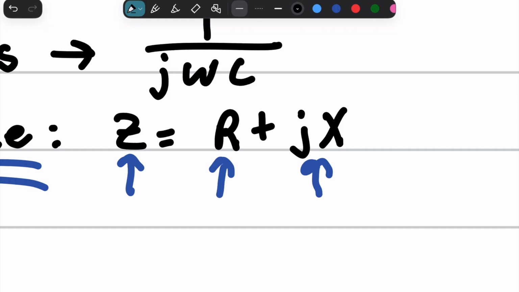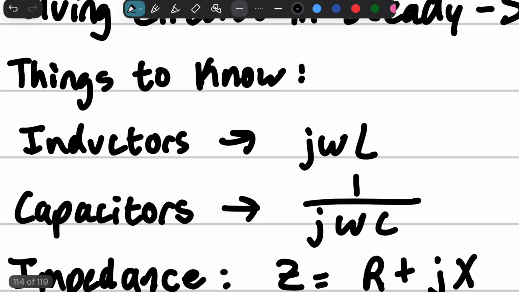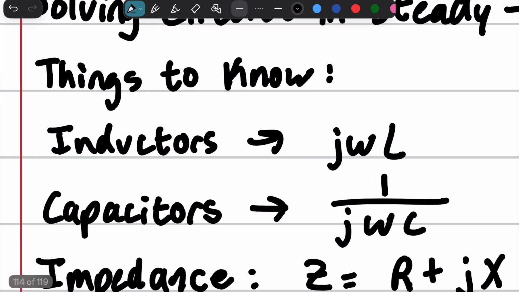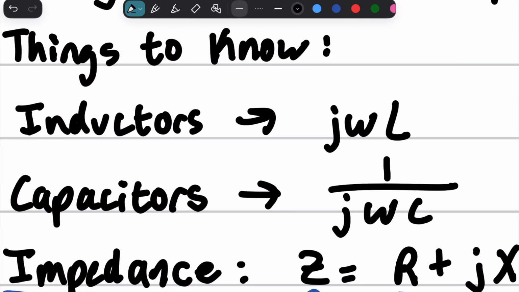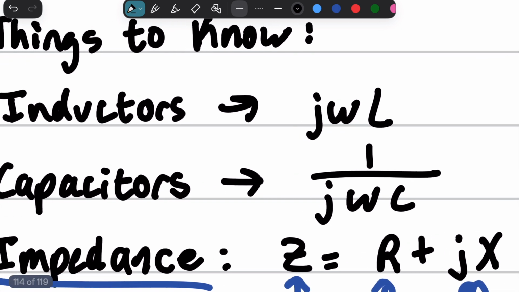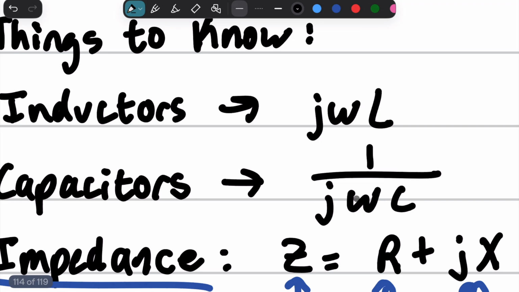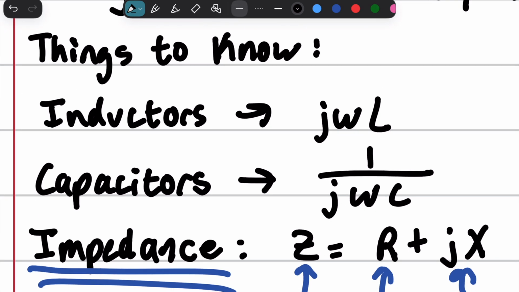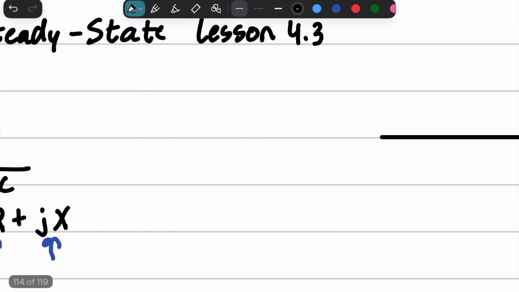So to quantify it, we attach something called reactance, okay? And to actually quantify for each inductor and capacitor, we can turn it into the frequency domain, right? And say j omega L and 1 over j omega C. Okay, so every single inductor and capacitor can be represented in steady state analysis.